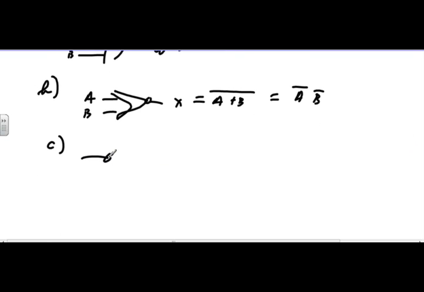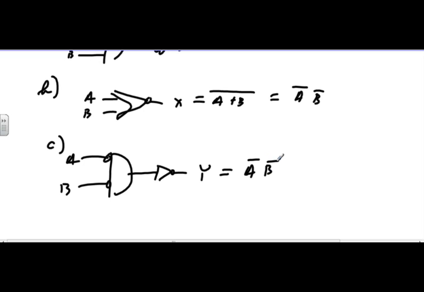We've got A, B, and we naught it. So Y is A naught, B naught, naughted, which becomes A naught naught, B naught naught. The next one is A, B, which is A or B, which is not any of the other ones.